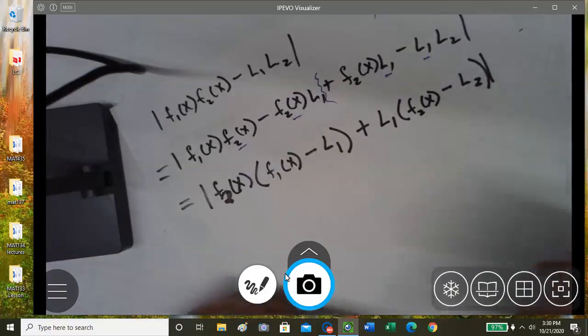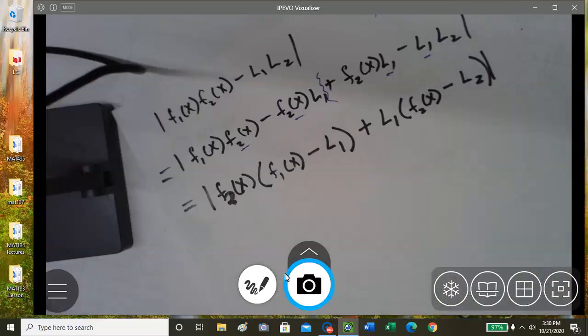All right, now from here we can use the triangle theorem of absolute value.